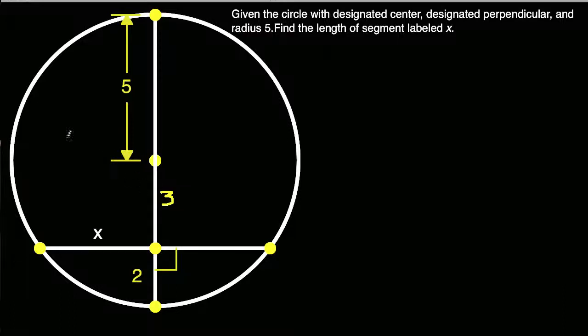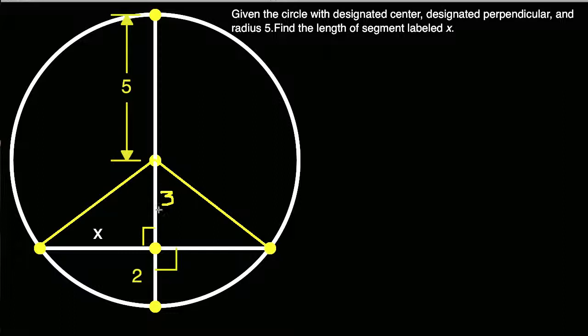Okay, something else we can do is add this line here from here to here, and this line from here to here, like that. Remember, this is a right angle.